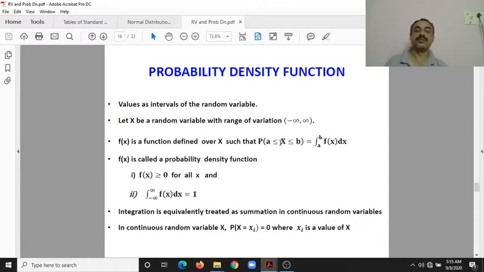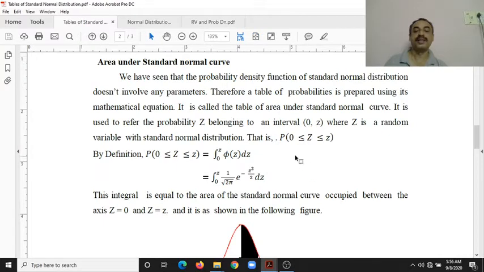Using that definition, this probability of z between 0 and z is actually integral 0 to z phi z dz, where phi z is 1 by root 2 pi e raised to minus z square by 2. That's why we have this probability as the integral 0 to z 1 by root 2 pi e raised to minus z square by 2 dz.